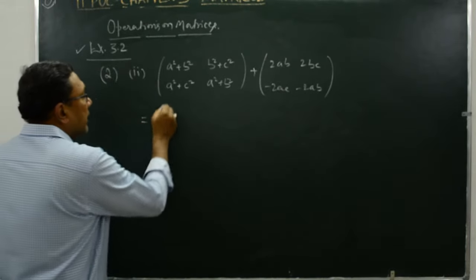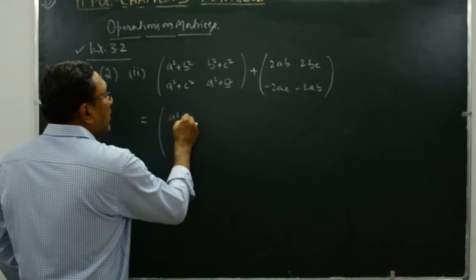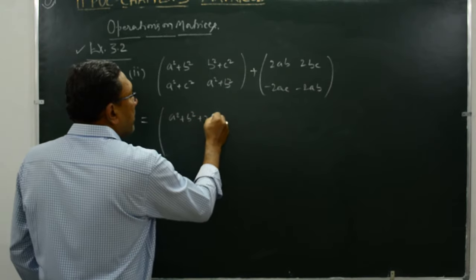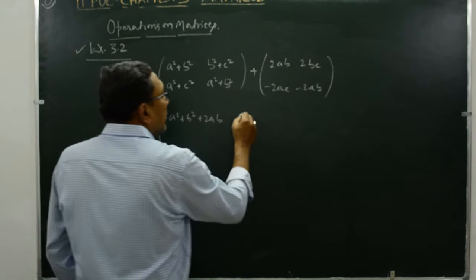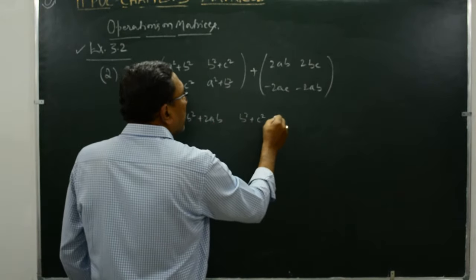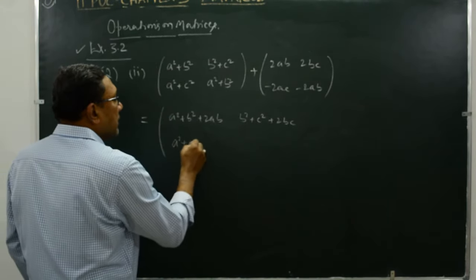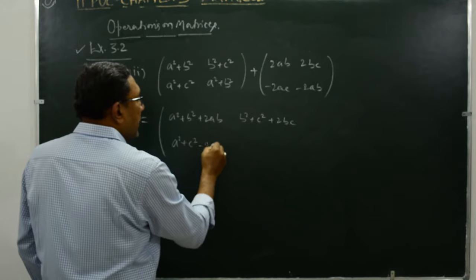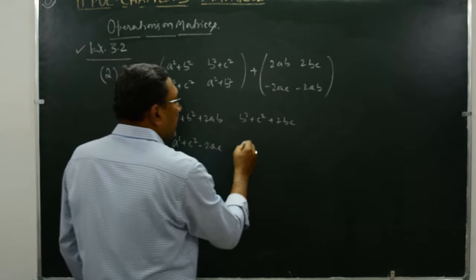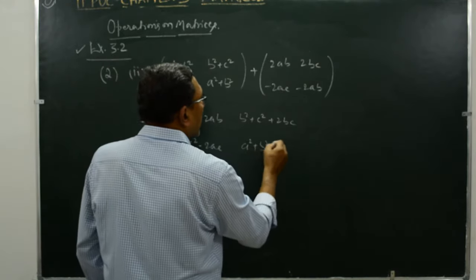Resultant will be A square plus B square plus 2AB. Here B square plus C square plus 2BC. Here A square plus C square minus 2AC and here A square plus B square minus 2AB.